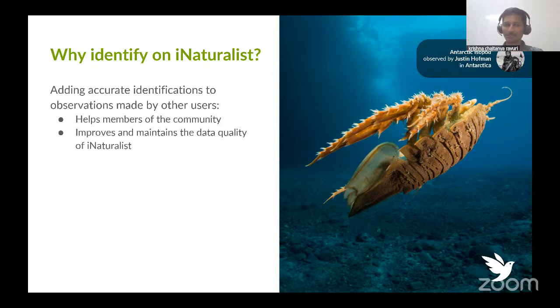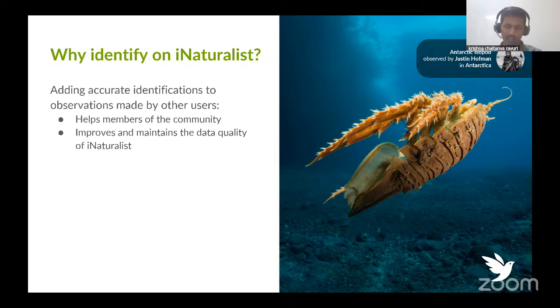So what do I do with the answers? I come back to iNaturalist and try to apply that in identifying. This basically improves the data quality. You have a picture of a plant, it's great, but to be useful from a research perspective, we need to know what that is.